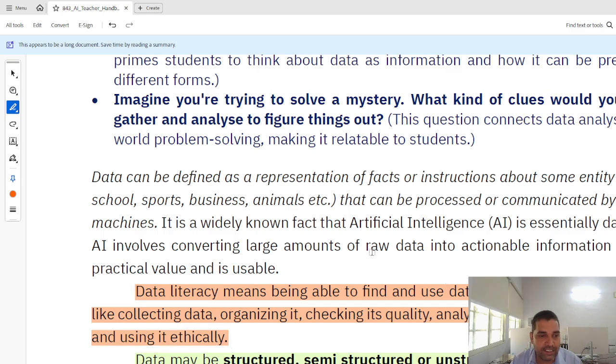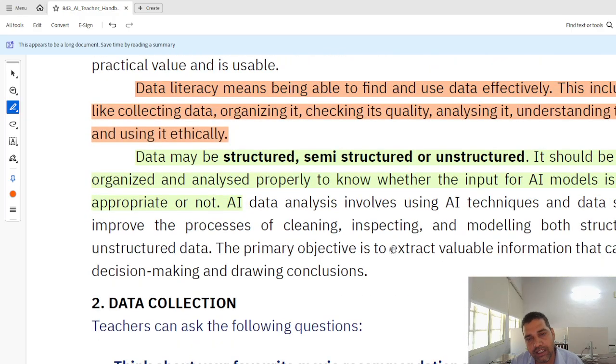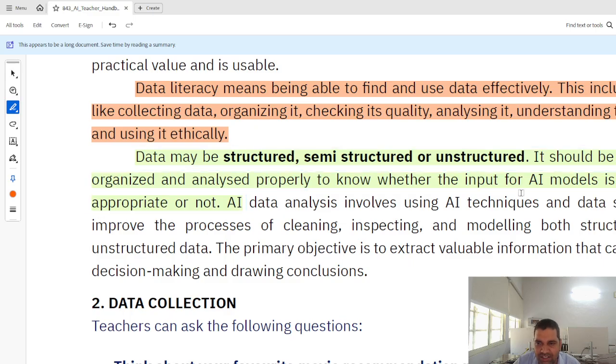All those things are data. Data is of three types: structured, unstructured, and semi-structured. Unstructured and semi-structured are treated as the same, so we can say data is of two forms: structured and unstructured. Semi-structured is also part of unstructured only.